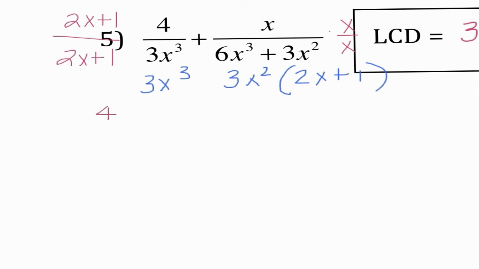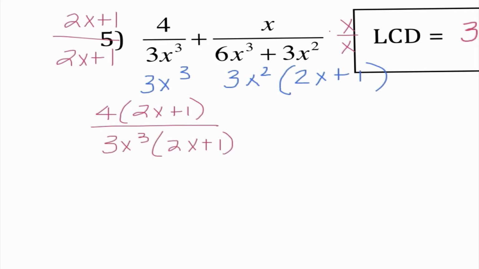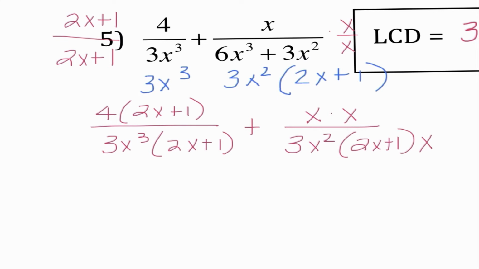So I have 4 times 2x plus 1 over 3x cubed times 2x plus 1, plus x times x over 3x squared times 2x plus 1 times x.